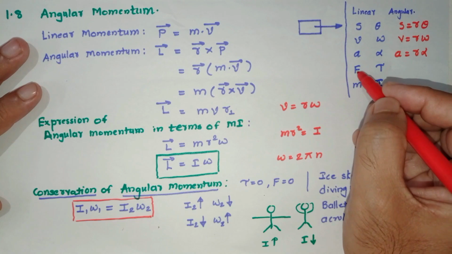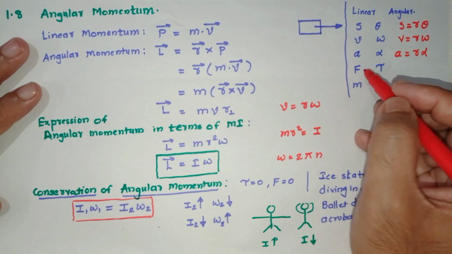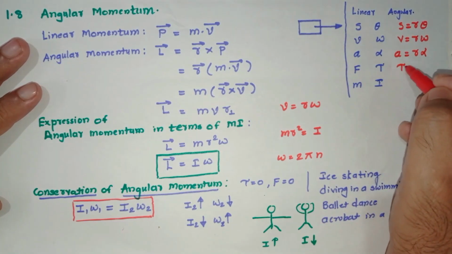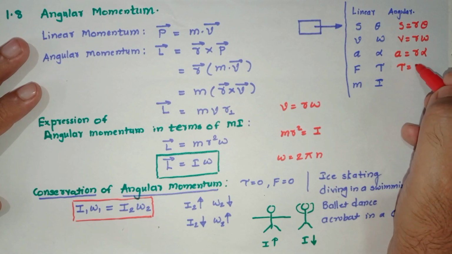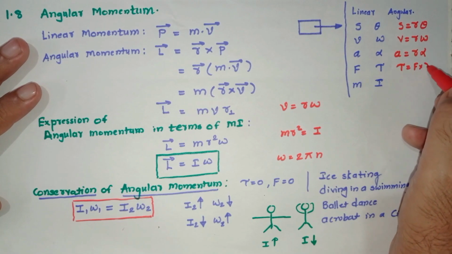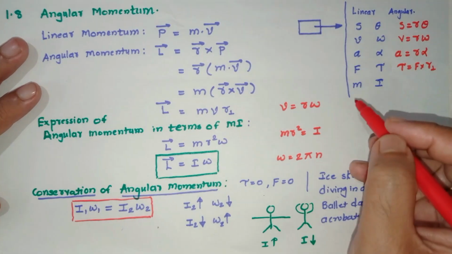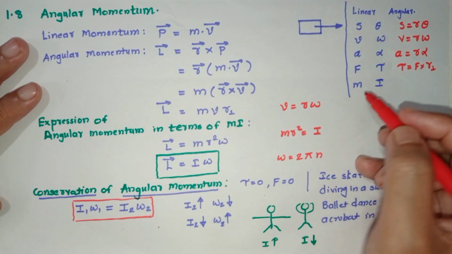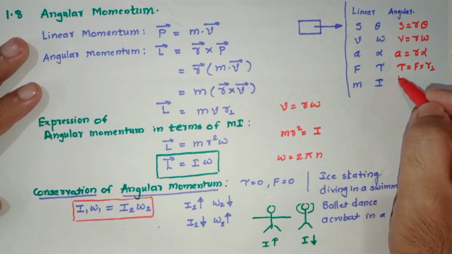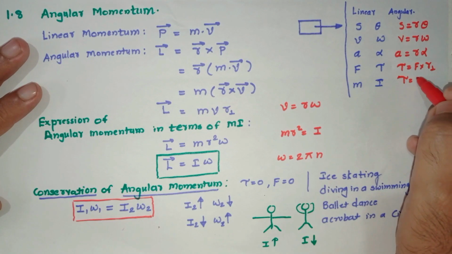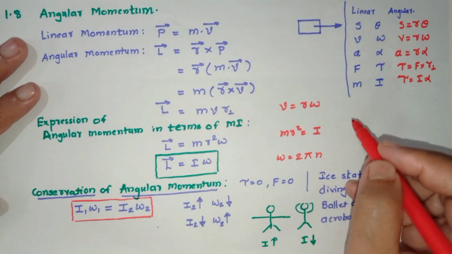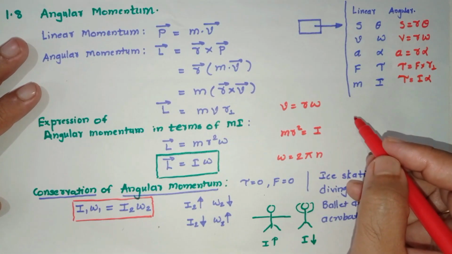F is given by mass into acceleration, and tau equal to F into perpendicular distance r, or tau equal to I into alpha.